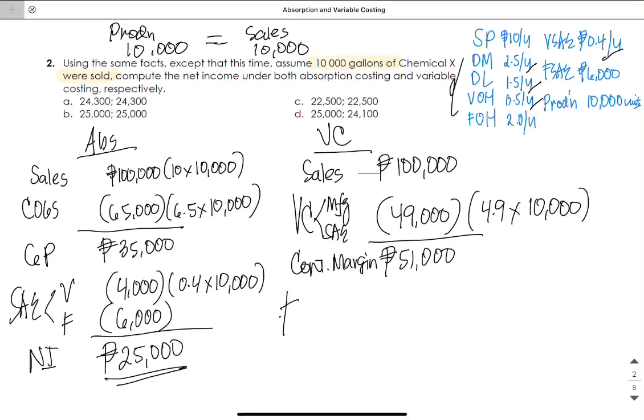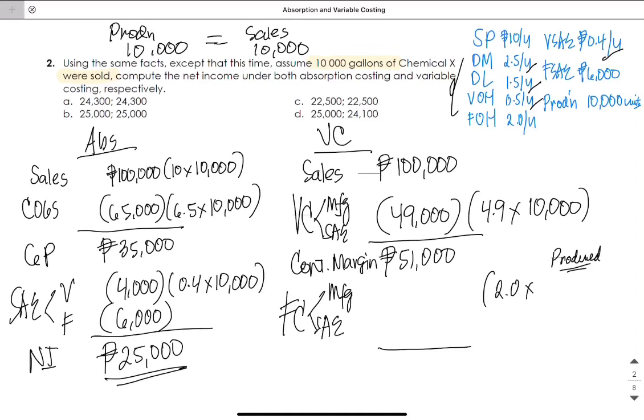Next, we have to deduct the fixed cost, which is composed of manufacturing and selling and admin expense also. For manufacturing, 2 times, always multiply this by the number of units produced.